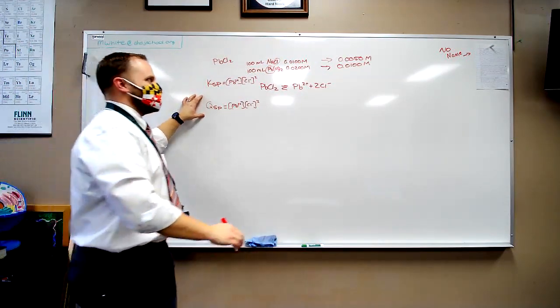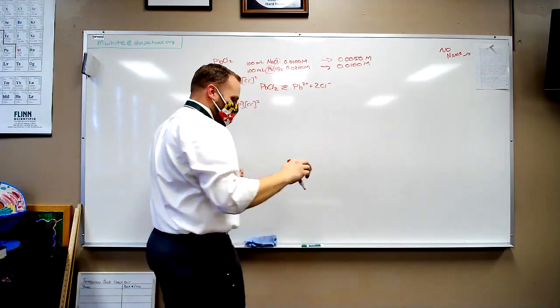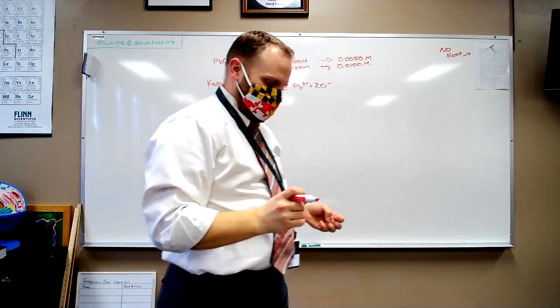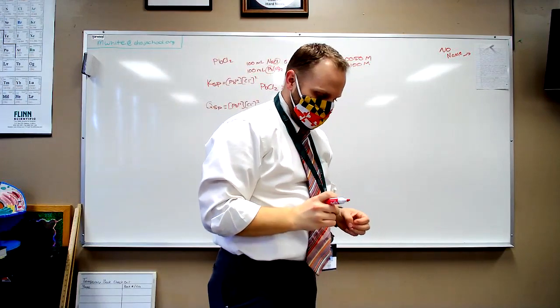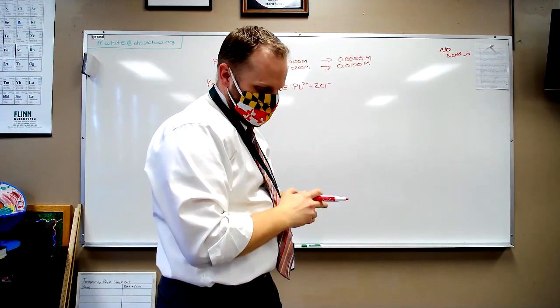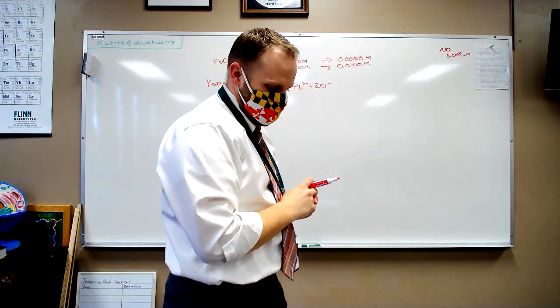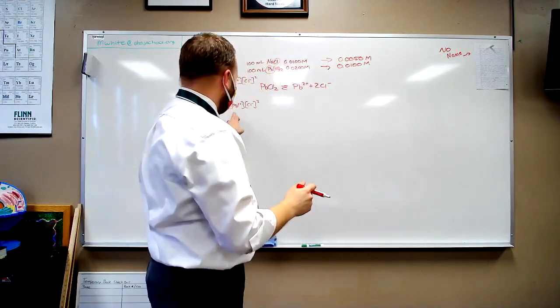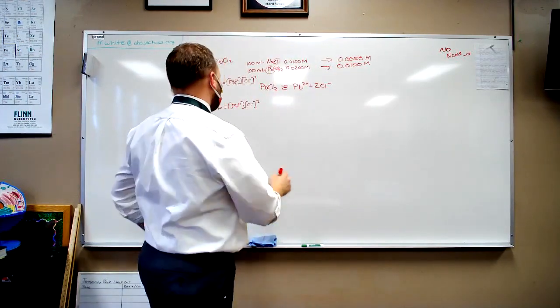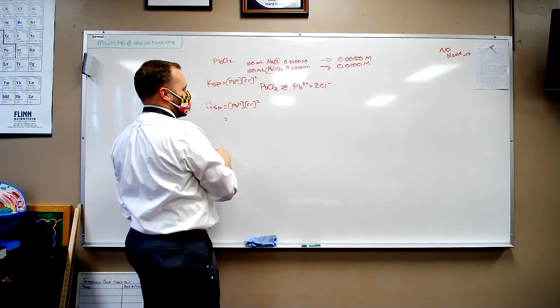QSP is our starting conditions. It's what we have right at the beginning of the reaction. So what we do, we take these new concentrations that we have at the beginning of the reaction and put them in our QSP, because we need to find what the QSP is at the beginning of the reaction.